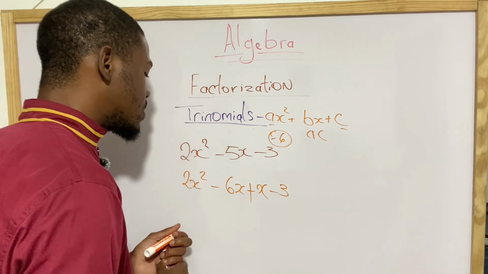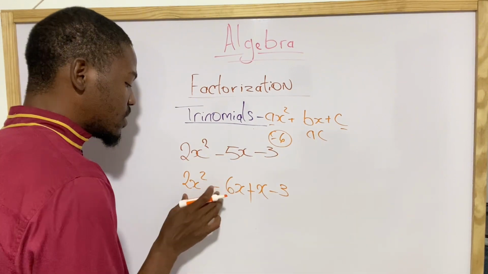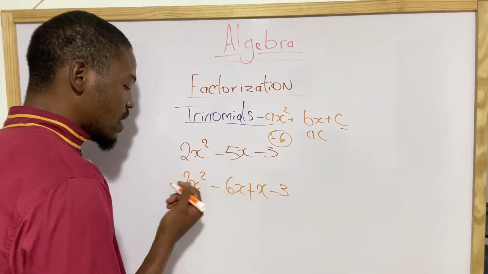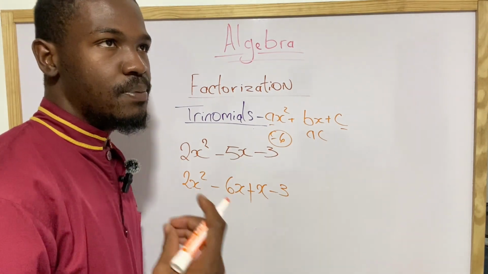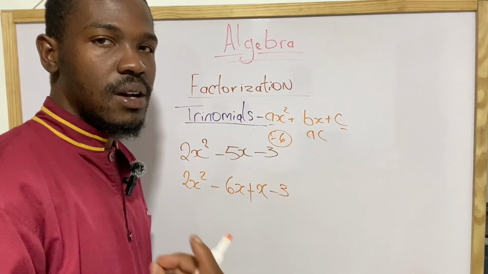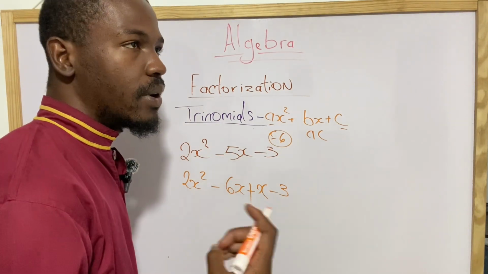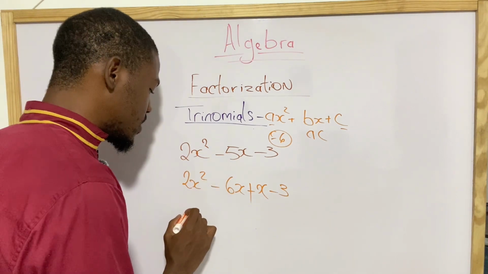All right, so continuing, we have our terms, where we have 2 and 6. The highest common factor between 2 and 6: the factors of 2 are 1 and 2, and the factors of 6 are 1, 2, 3, and 6. So the highest common factor there is 2.